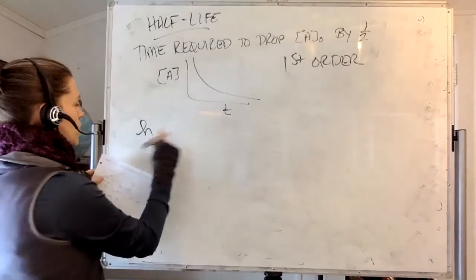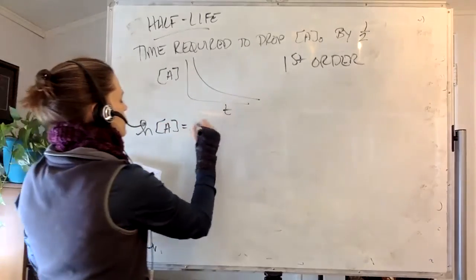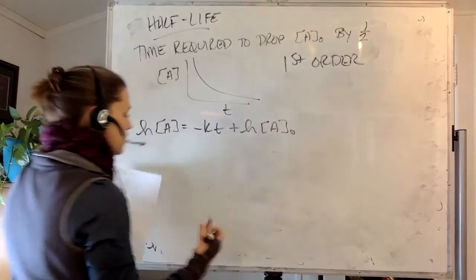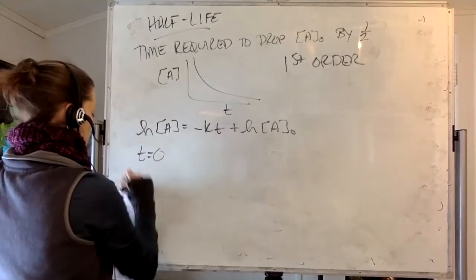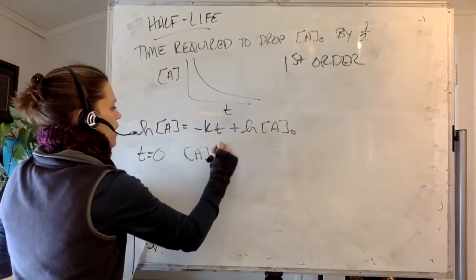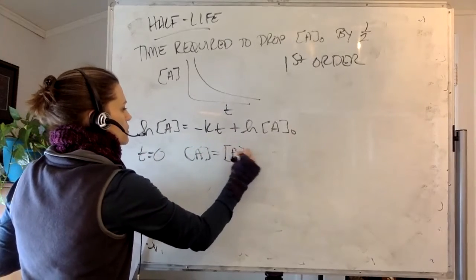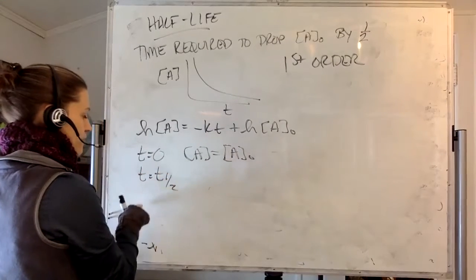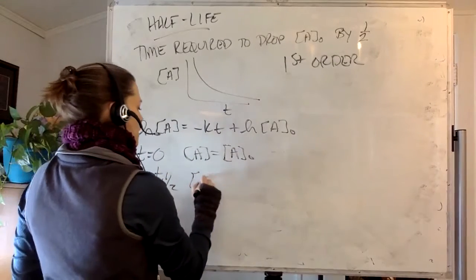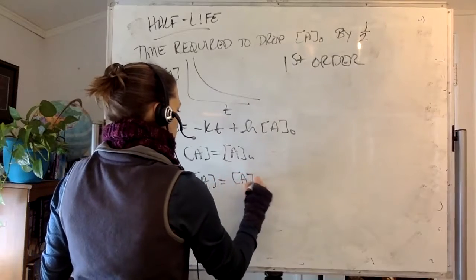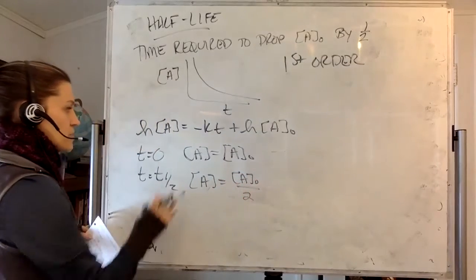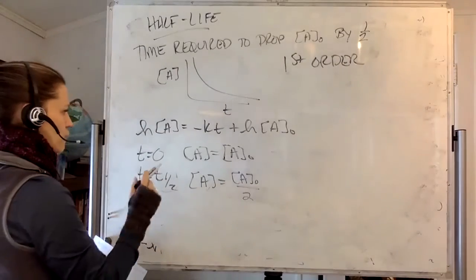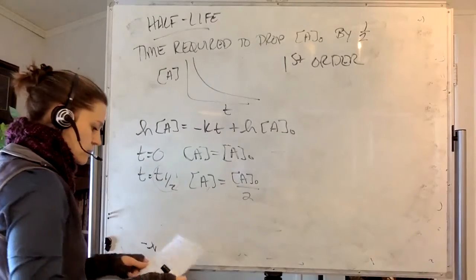So for first order, you would take your integrated rate law and set up the conditions so that at t equals 0, the concentration of A is equal to the initial concentration, and at the half-life, when t is equal to t1/2, A is equal to A0 over 2. You plug these in and solve for what t1/2 would be. So let's go ahead and do that.